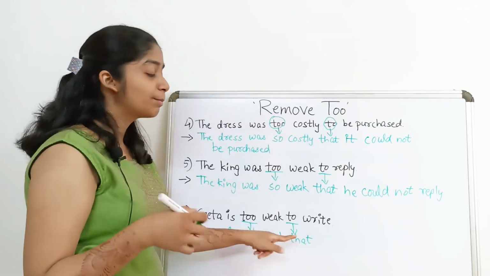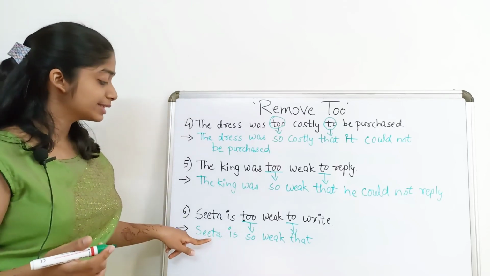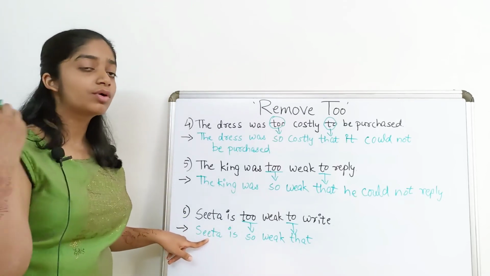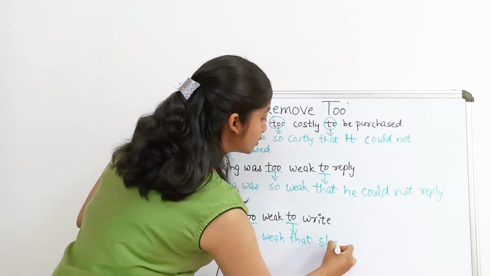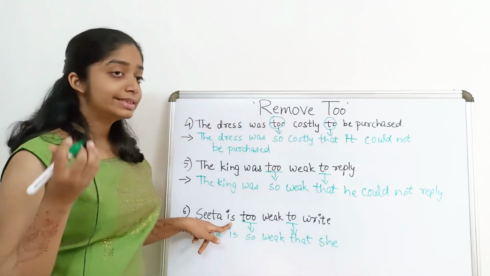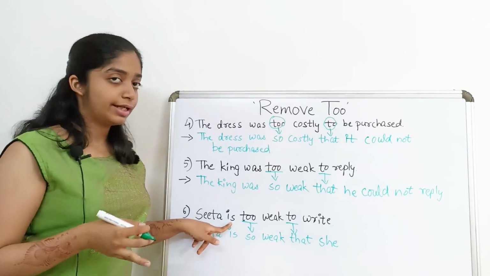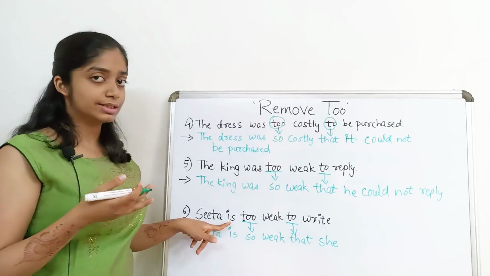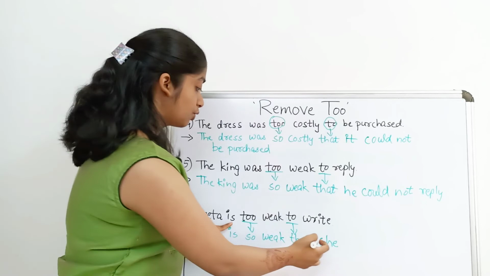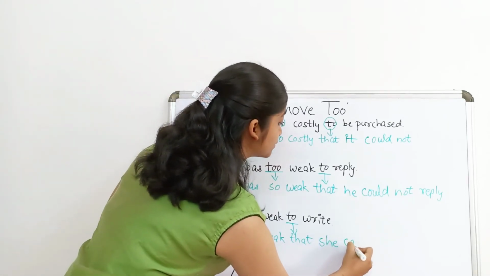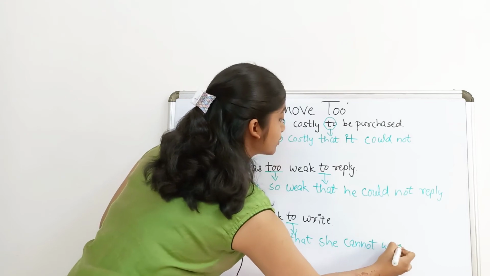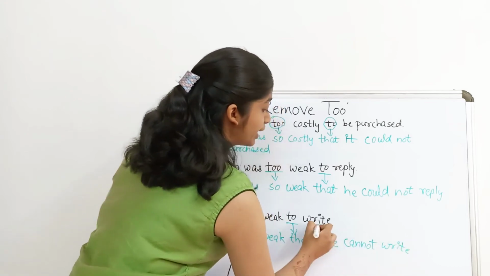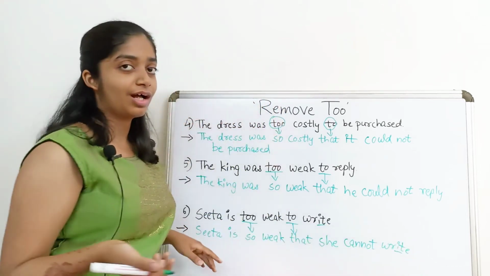So that plus subject. The subject is Sita. Sita is the name of a girl. Therefore, we will write "she". That she. Now, the sentence is in the present tense. We come across the word "is". Therefore, we will write "cannot". "Write" will remain the same over here in the answer as well.